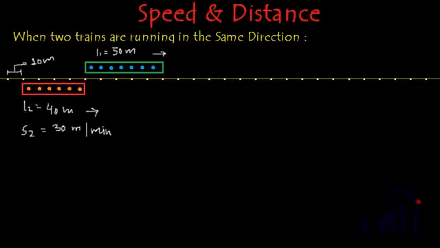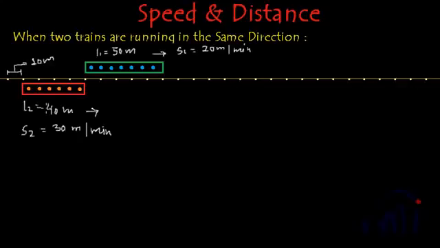because the lengths of the trains are in meters, and the markings we have done on this line are also in meters. And the speed of the green train, since its length is L1, I'll assume its speed S1 is equal to 20 meters per minute.